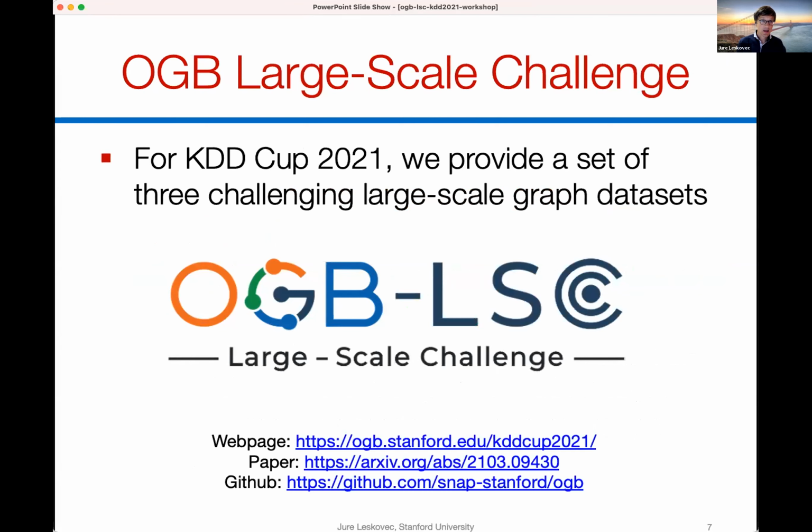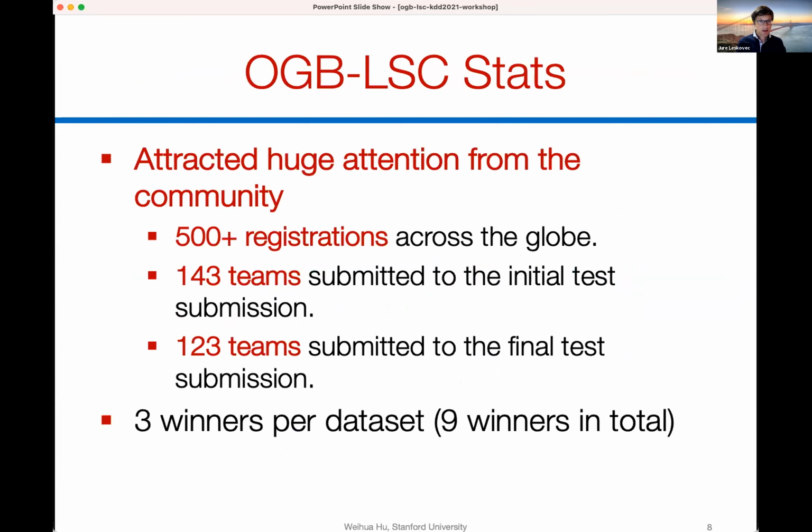So in February this year, we released what we called OGB-LSC, so OGB Large-Scale Challenge. And we released 3 data sets that were then part of the 2021 KDD Cup. This KDD Cup also received a lot of attention and very positive response from the community.